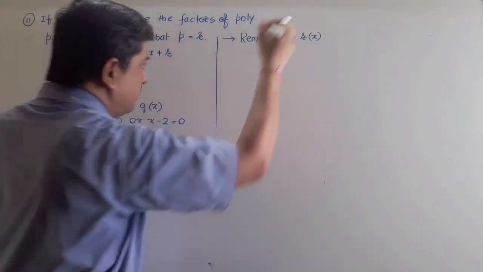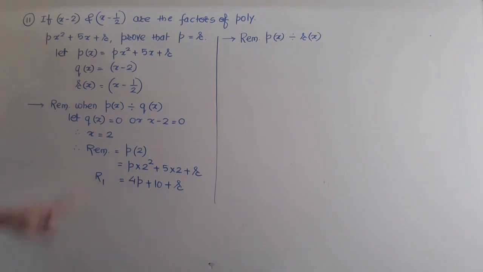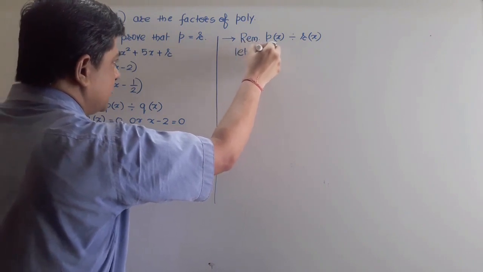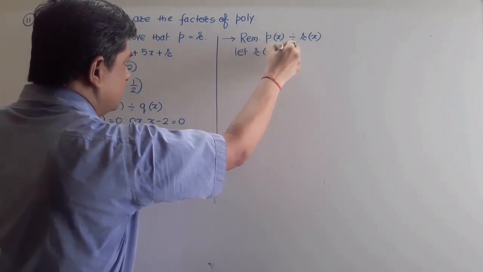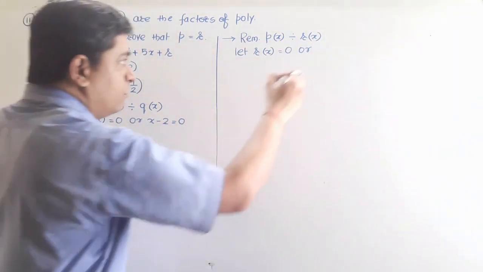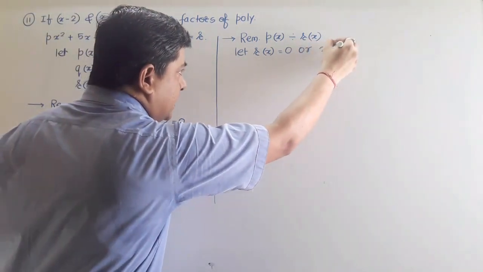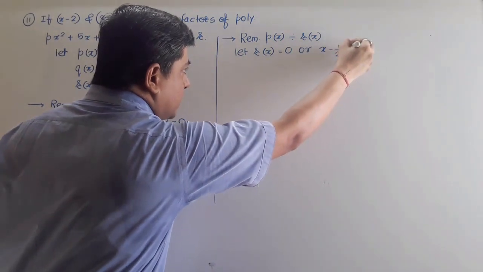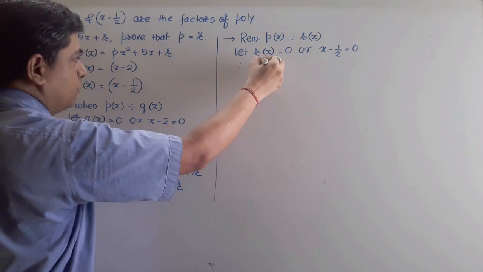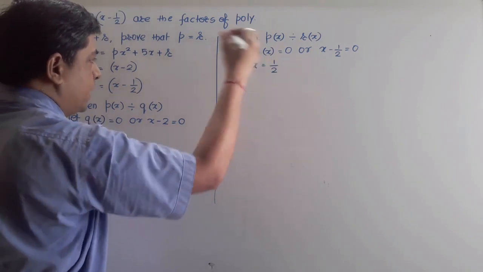Now my divisor is r(x). I will take it as r(x) equal to 0. What is the value of r(x) I have? x minus 1 upon 2 equal to 0. So I can say therefore the value of x is equal to 1 by 2.